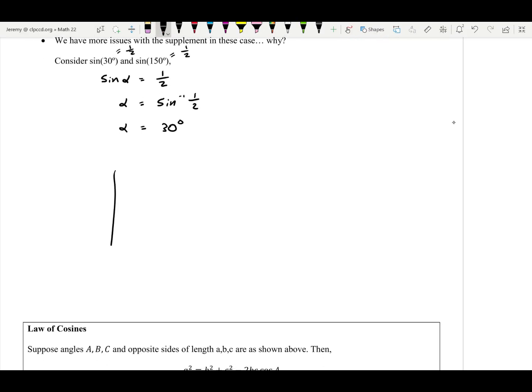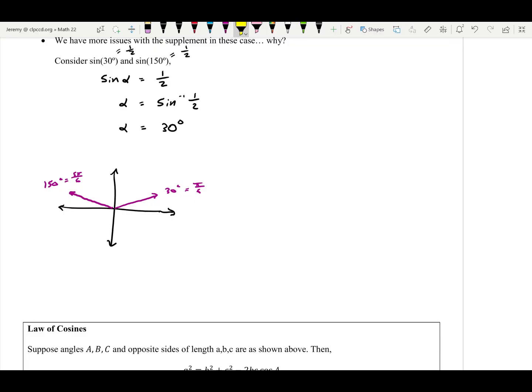The reason why we run into this, and it's ultimately a shortcoming of the sine inverse function, is that these are both possible angles that we could have substituted in for alpha to get 1/2. There's 30 degrees. There's 150 degrees, or in terms of radians, this is pi over 6. This is 5 pi over 6.